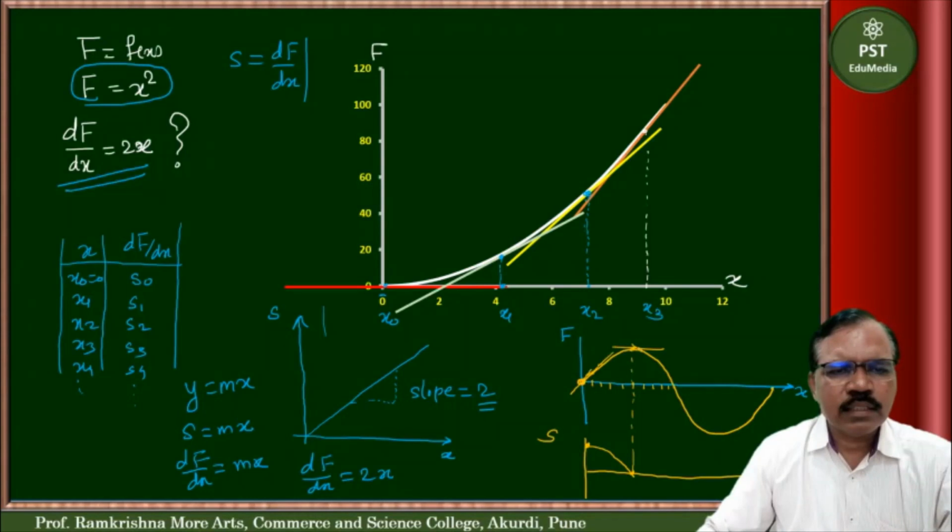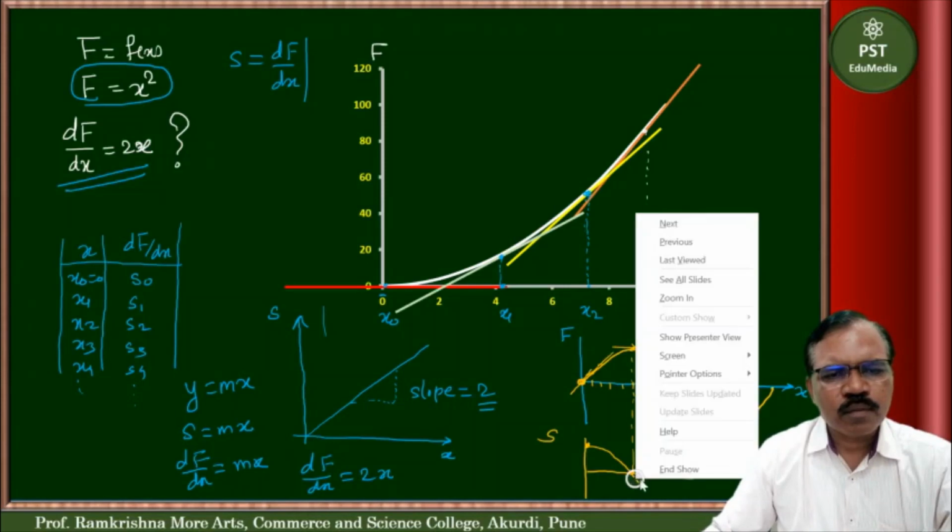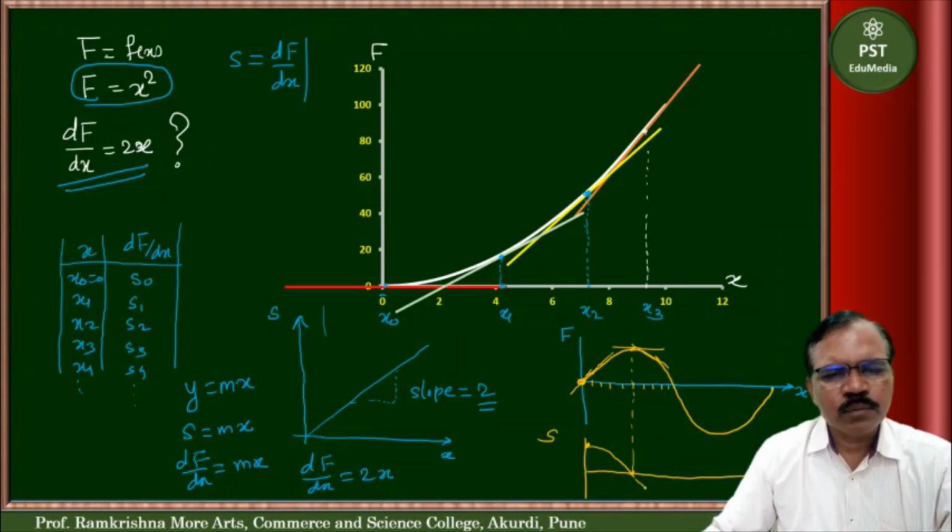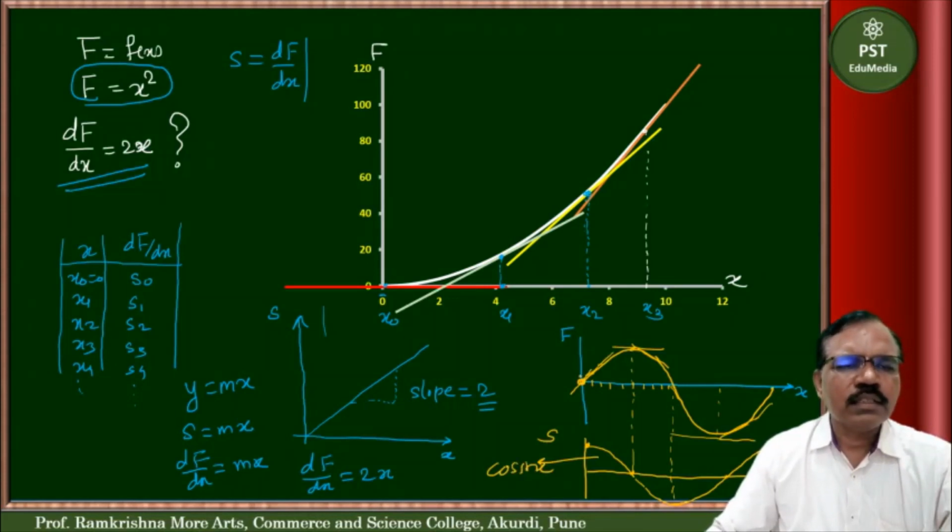Now from this point, slope becomes negative, and here slope will be negative maximum, and then here slope is negative as it is changing, and when it comes here, slope is 0, and then here slope is positive. So we'll get graph like this, and this is graph of cosine.